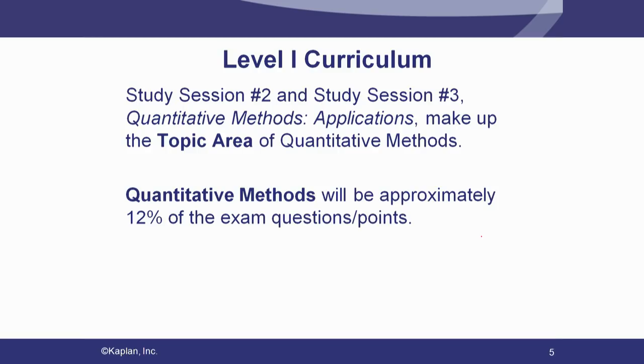Together with study session 3, quantitative methods applications, these make up the topic area of quantitative methods. So there are 2 study sessions in quantitative methods, and its exam weight is 12%. So 12% of the exam questions and points will be based on these learning outcome statements from quantitative methods.